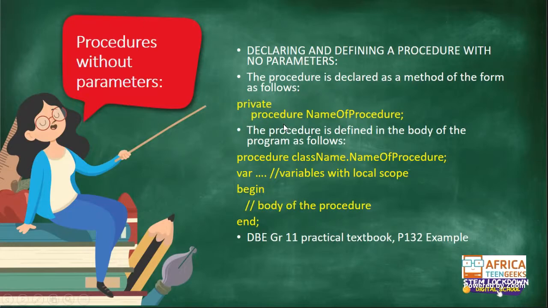And after my declaration, the procedure is then defined in the body of the program as follows. What I mean by the body is wherever all those buttons and events are that you've done up till now. So you would have double-clicked on a button and created an event. Now that event is actually a procedure in its own right.